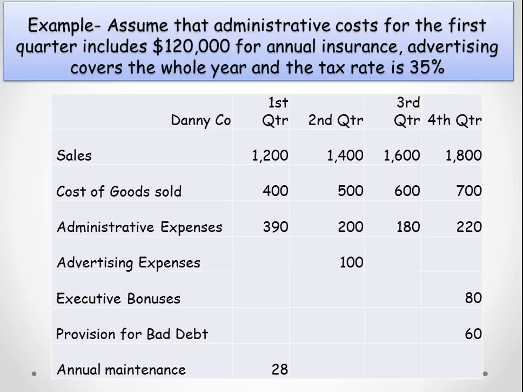Now let's take another look, but let's look at these financials. This is what this company looks like. The first quarter includes $120,000 for annual insurance and administrative expenses, and advertising covers the whole year, and the tax rate is 35%.